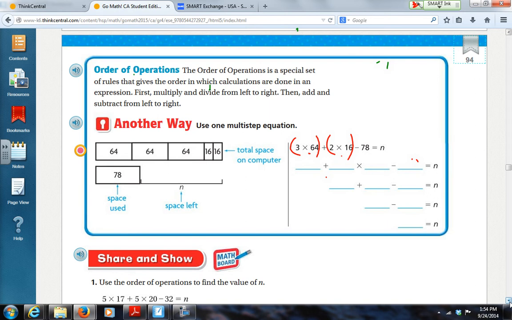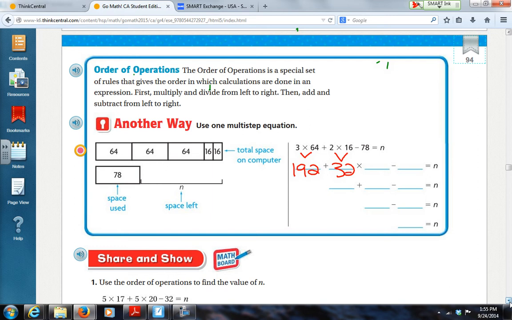Miss Fernley would not have done it in so many steps like this because it gets confusing. How I would have done it is I would have done multiplication, right? So pretend all this is missing. I go 3 times 64, which is 192. 2 times 16 is 78.